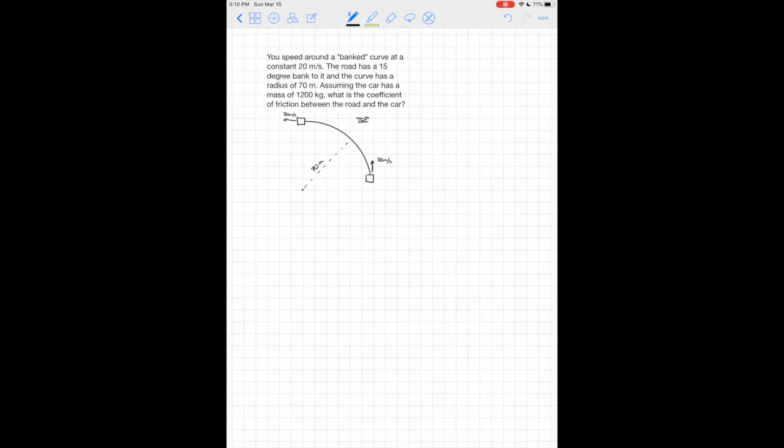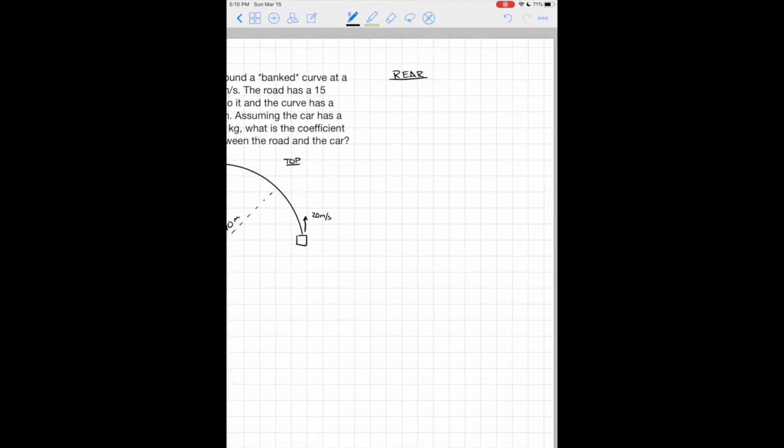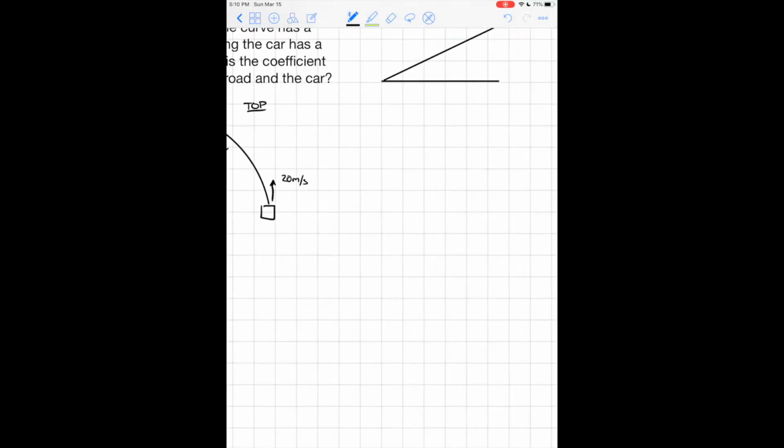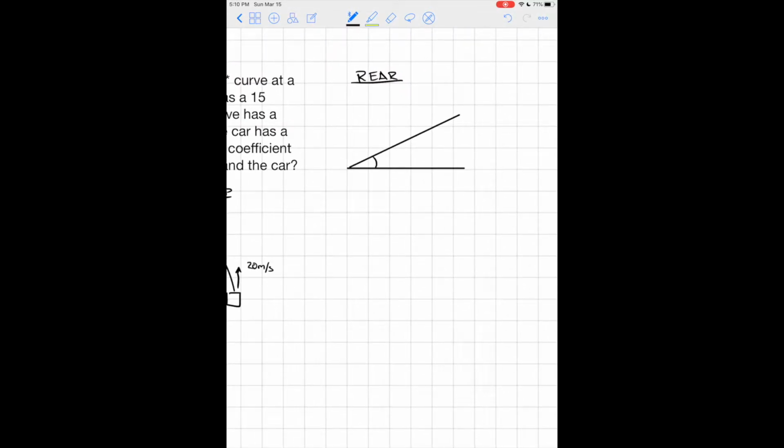If I think about a side view, or maybe a rear view, thinking back to the go-kart scenario where we have a camera just following our go-kart. In this case, it's a car, but the idea is still the same. That is not 15 degrees, but 15 degrees is pretty small.